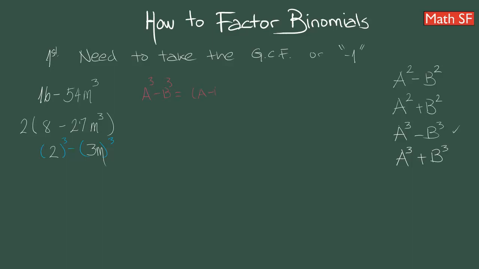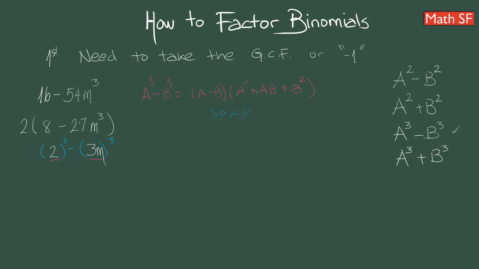Same sign, opposite, always positive. That's what we call SOAP. Same sign, opposite, always positive. Now, our a is 2, and our b is going to be 3m.